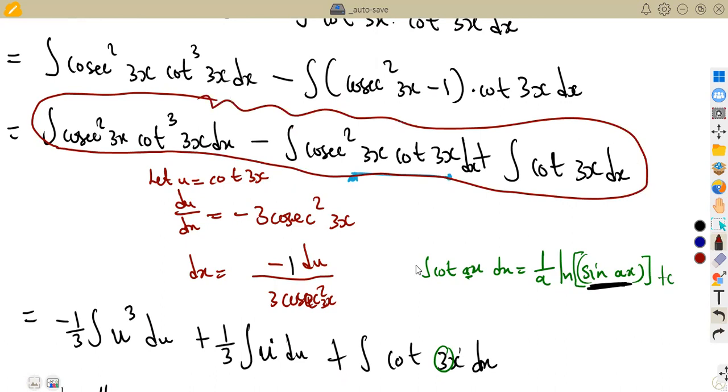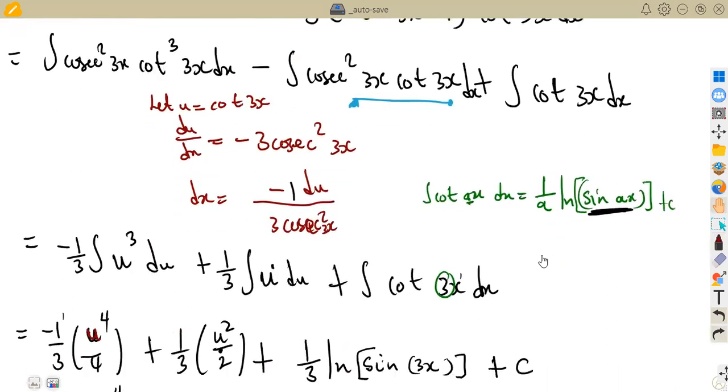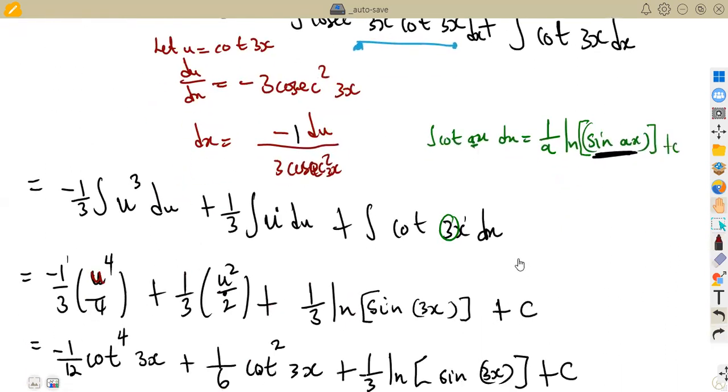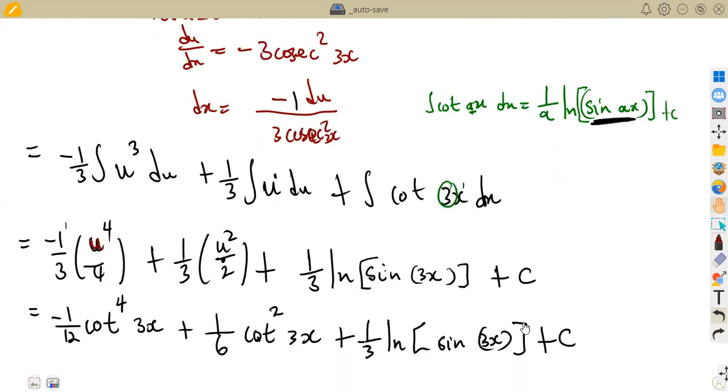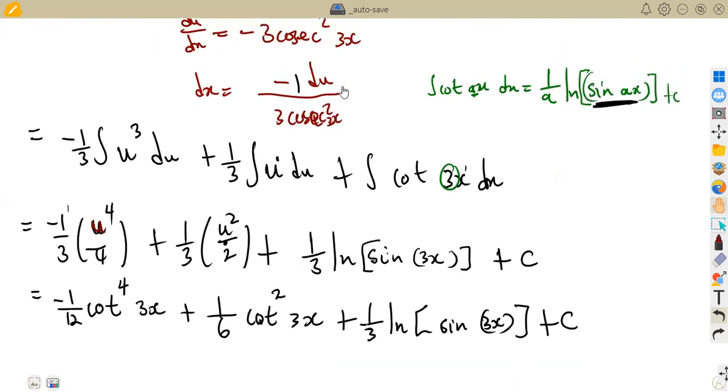Wait up to the last stage where everything can be integrated. When everything can be integrated, then you integrate. That is how you play around with this type of question. These are the typical questions that you might have. It just depends on the question that you're given. All right, we can have something like this.